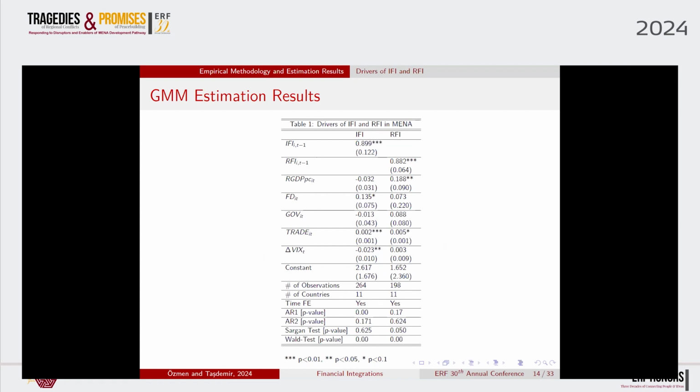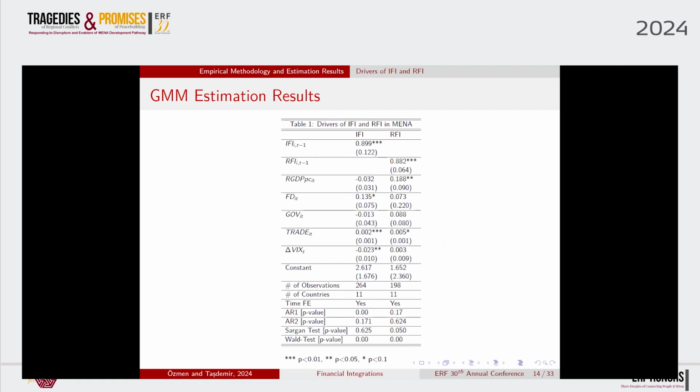Real income per capita is positively associated with regional financial integration. Actually, this is consistent with our new network diagram, but you are unable to see that because regional financial integration is mainly concentrated among the resource-rich MENA economies.